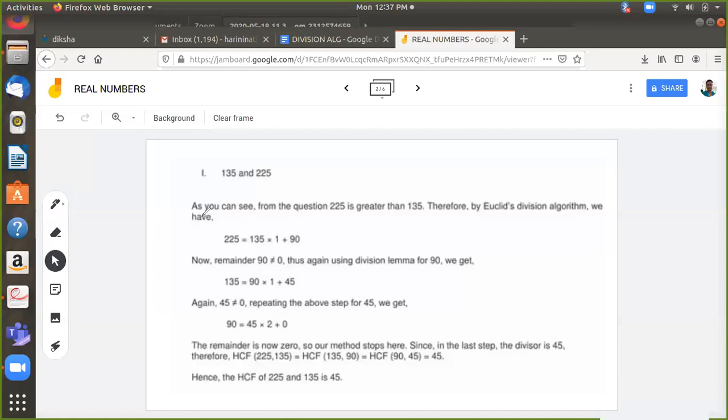You can directly write step one, second step, third step, and go on. To begin with, you tell this to yourself orally, so that you know why the remainder has become this and why the divisor has come here. But this is important: hence, the HCF of 225 and 135 is 45. This you should do.